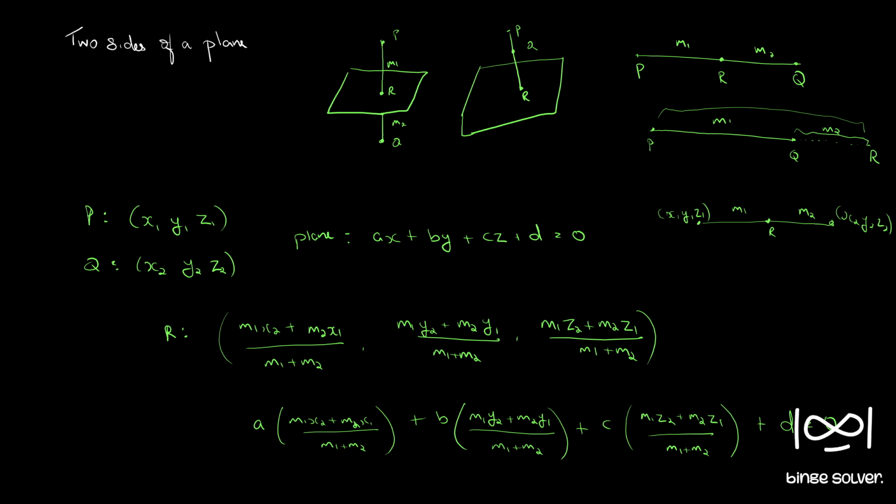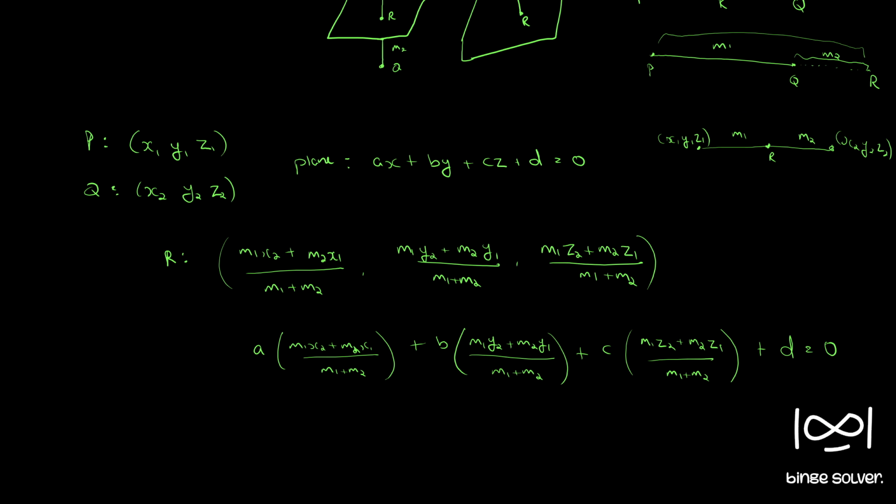Now we can rearrange and group this as m1 into (ax2 plus by2 plus cz2 plus d) plus m2 into (ax1 plus by1 plus cz1 plus d) equal to 0.